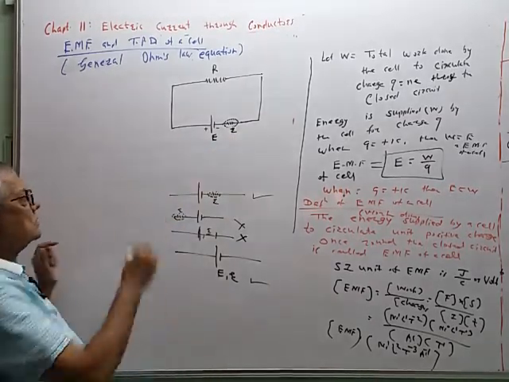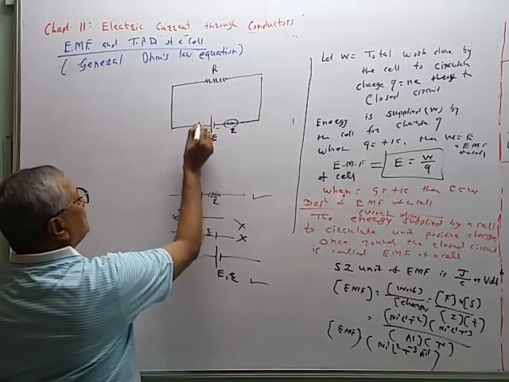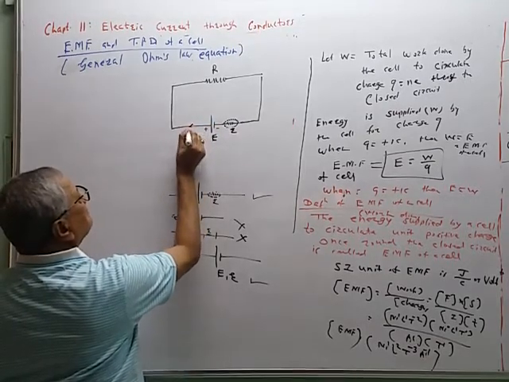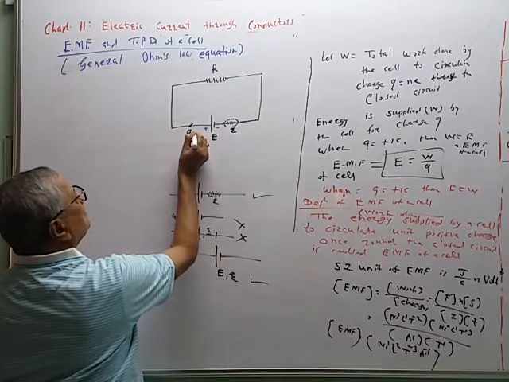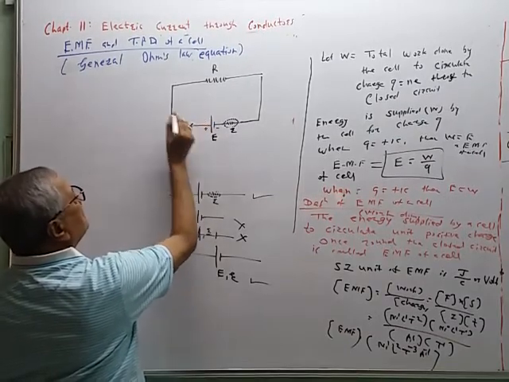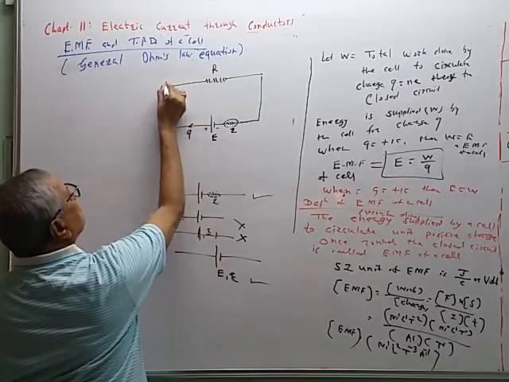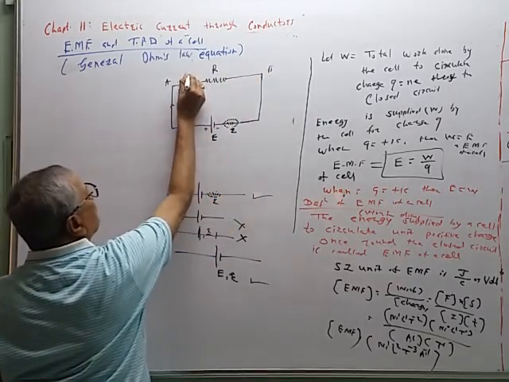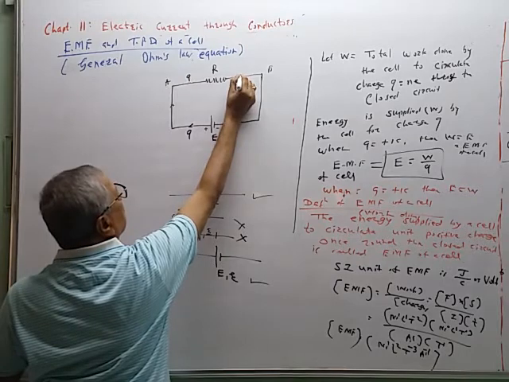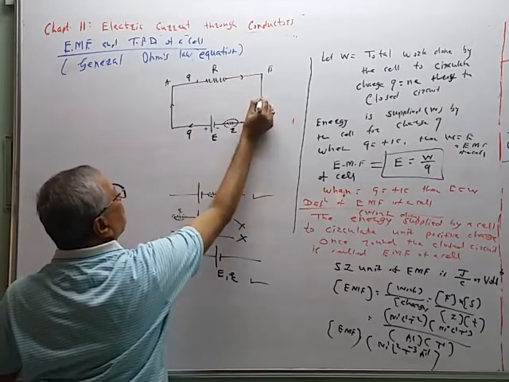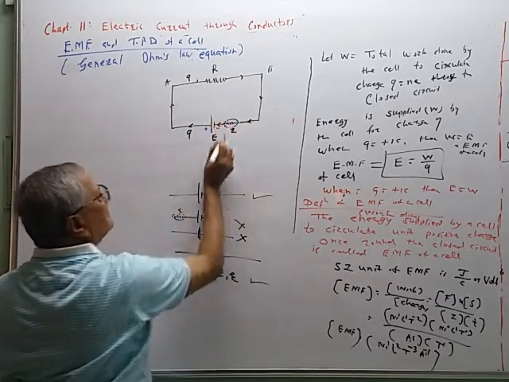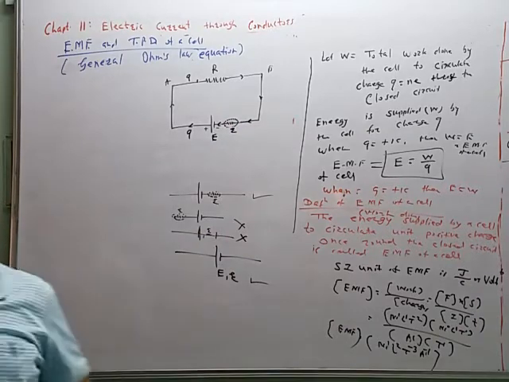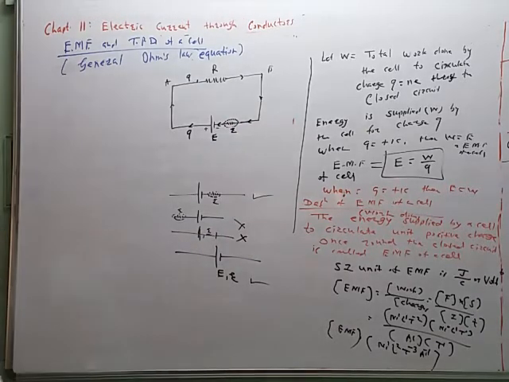So in this case, this positive terminal will supply the charge Q, and therefore there is a flow of current. So this Q charge, say this is point A, this is point B. This Q charge will flow through this circuit and it will return after passing through the internal resistance. So either you can show the charge or you can show the current.